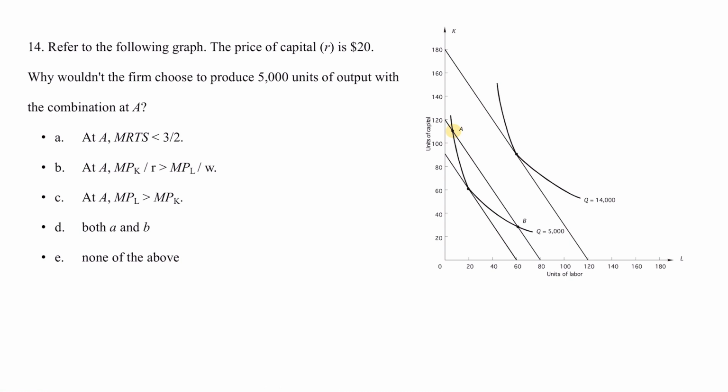At A, if we were being smart, we should be producing down here, right here, where Q equals 5,000, because this point C is tangent. So that's where we're minimizing cost.